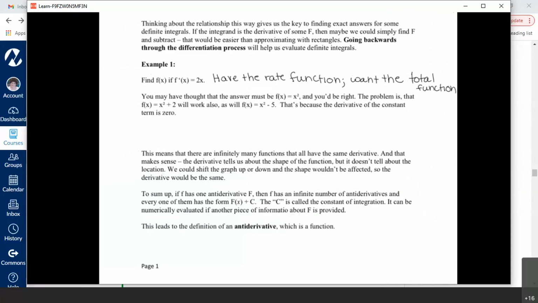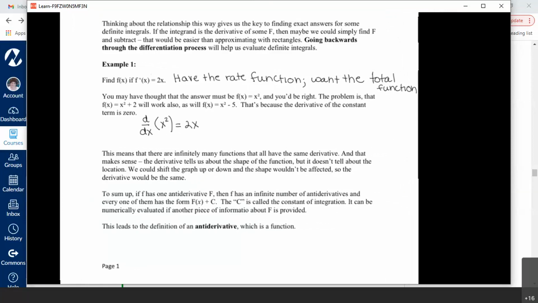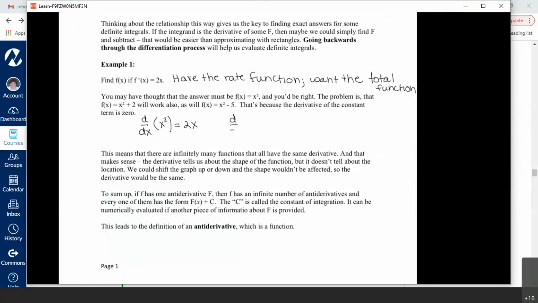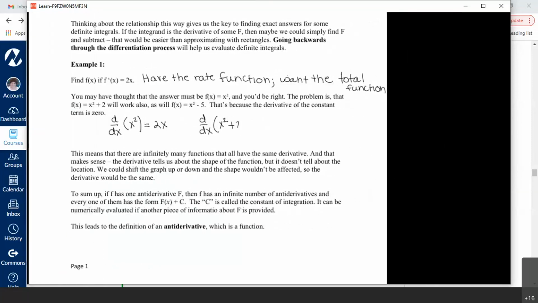One way to write it with differentials: the derivative of x squared is 2x. The derivative of x squared plus 2 is also 2x, because the constant 2 doesn't give me anything in the derivative.